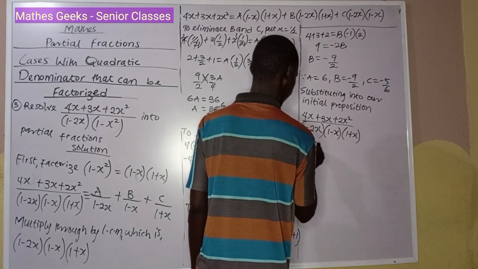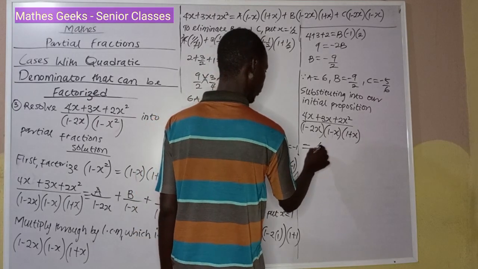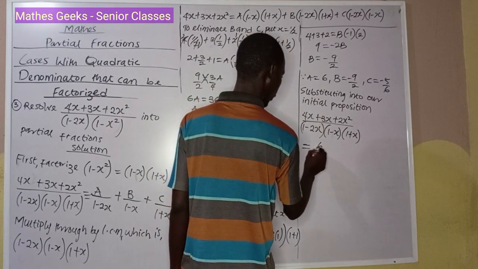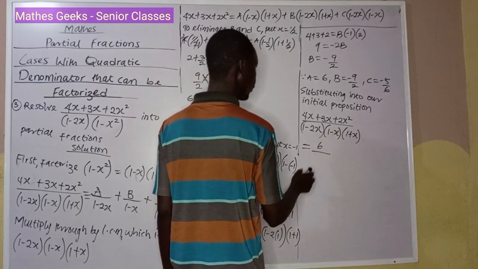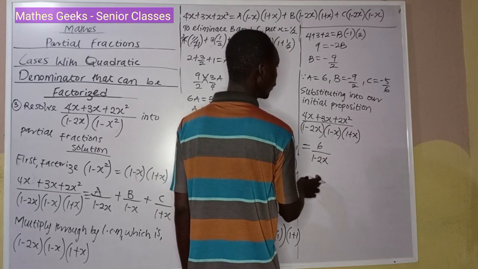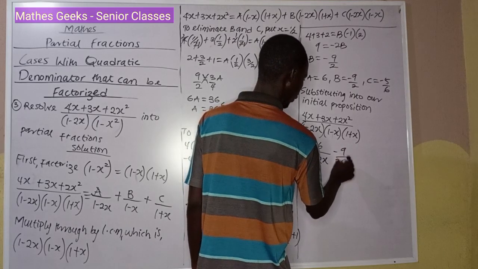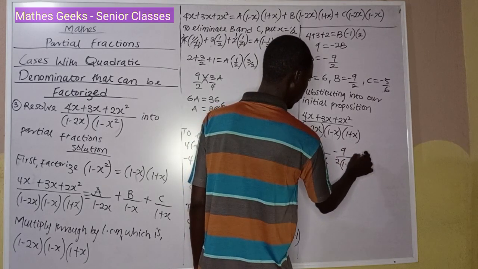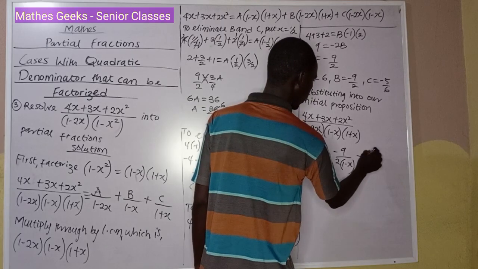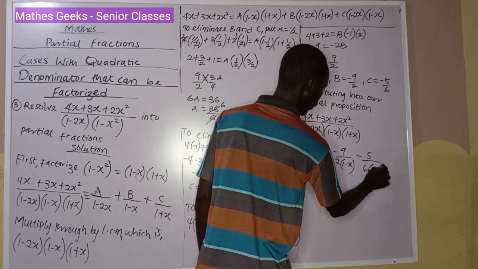This is equal to A is 6 over 1 minus 2x, and B is equal to minus 9 over 2, 1 minus x, minus C, 5 over 6, 1 plus x.